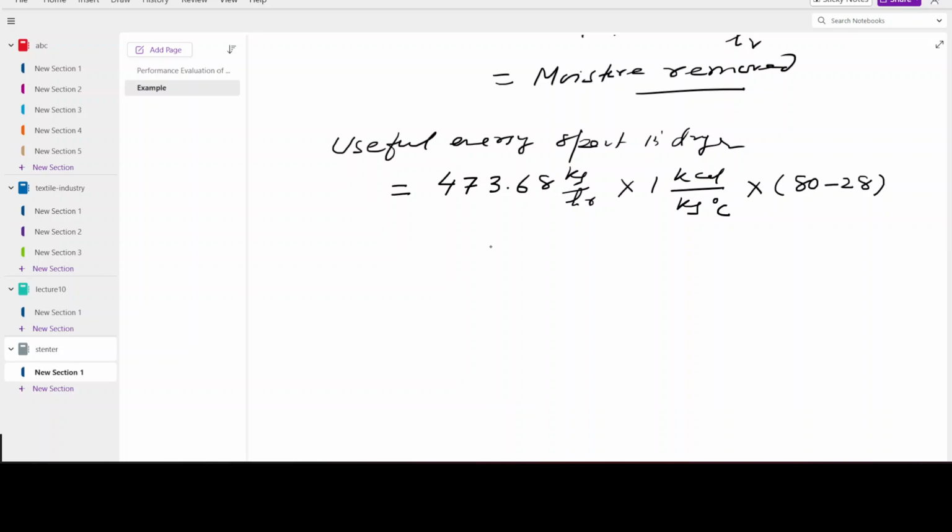Thus, we have written the first term of sensible heat, and the second term, that is of latent heat of vaporization: the mass of the moisture removed, in kg per hour, and the latent heat of vaporization given as 540 kilocalorie per kg.